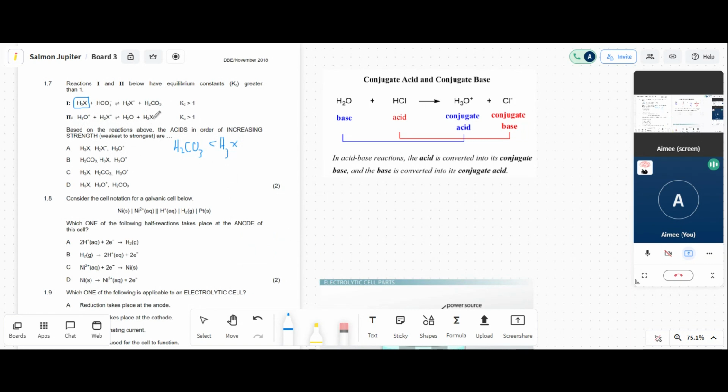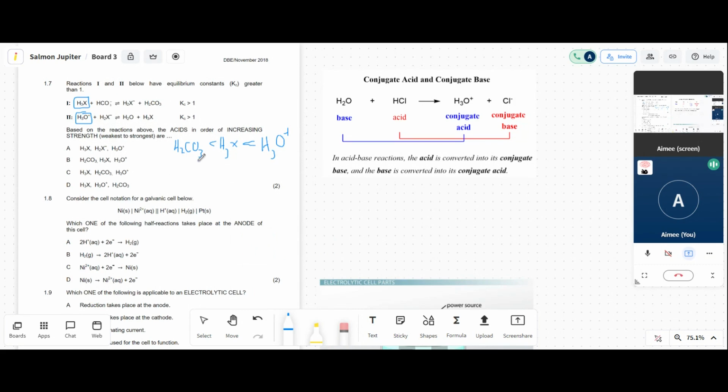It has accepted the H positive, which means that when in a reaction vessel, H3O positive is the stronger acid, which means that H3X is weaker than H3O positive.